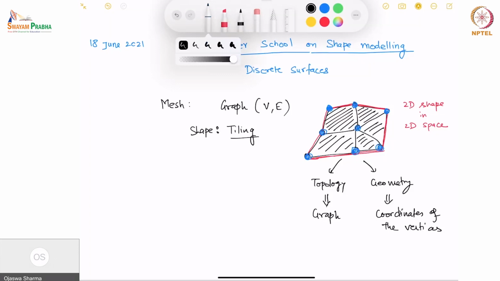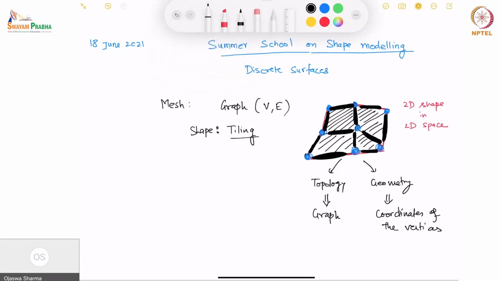Just draw thick lines. So this is the connectivity information. That's my graph, right? How can you store this connectivity information? This is best stored as a graph. That is, which node is connected to which other node.